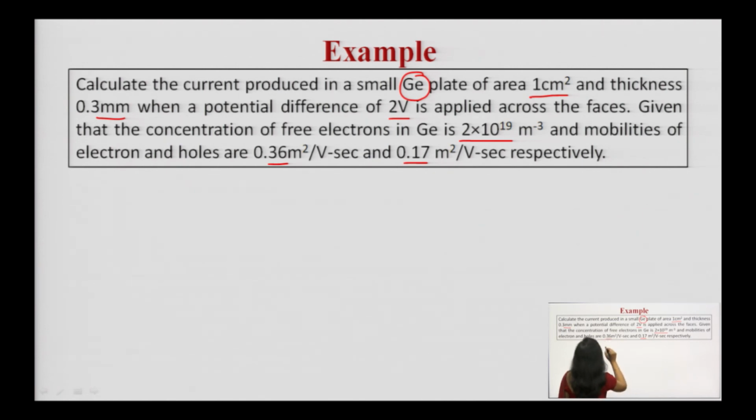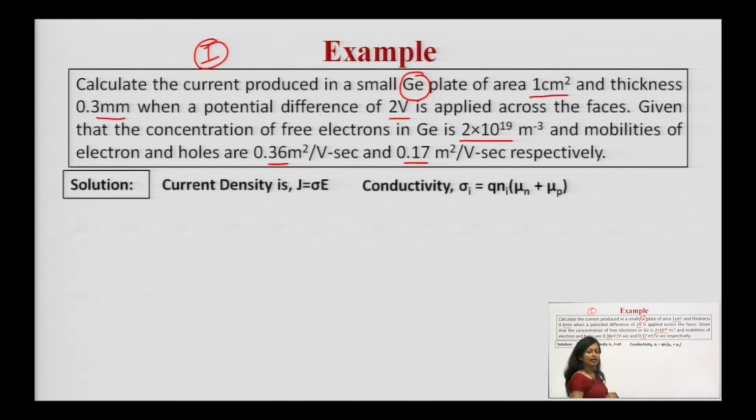You have to calculate the current produced, the value of I. You know that the current density J is sigma into E, and we have discussed the formula for the conductivity of a pure semiconductor. This is Q into Ni, Ni is the intrinsic carrier concentration, mu N plus mu P, mu N is the electron mobility, mu P is the hole mobility.